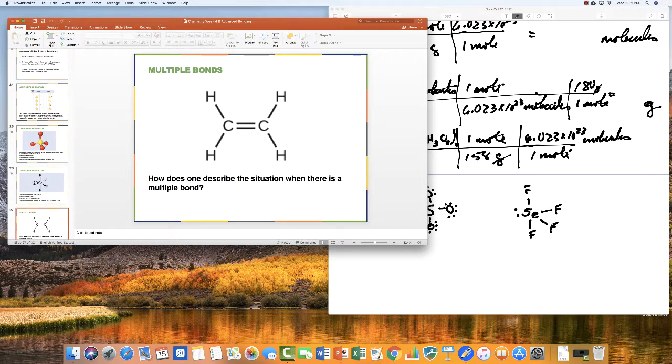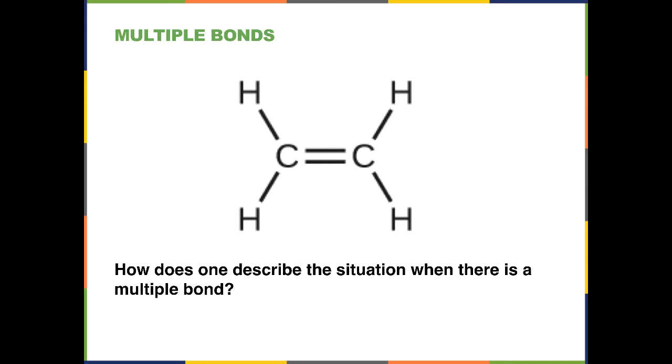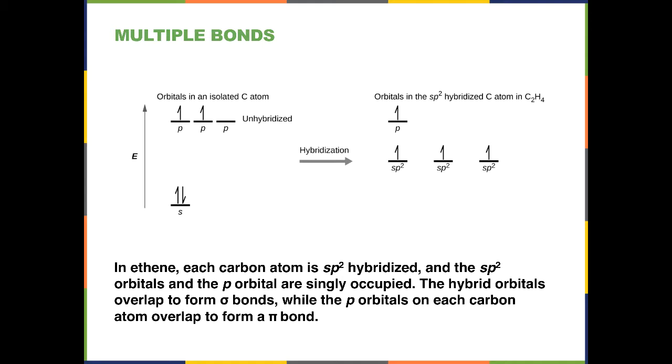Now let's look for a second at multiple bonds. So how does one describe the situation when there are multiple bonds? Well, the central carbon atom does hybridize, but instead of hybridizing to form 4 sp3s, each of which will bond singly, it has to hybridize so that there are 3 single bonds and then a leftover electron in the unhybridized p.